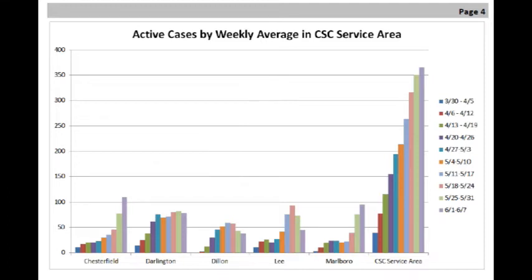Chesterfield and Marlboro both started with relatively low numbers and have spiked in the last couple of weeks. Darlington and Dillon and Lee depict a different scenario where their average weekly active cases have gone down in the last week and in some cases the last couple of weeks.